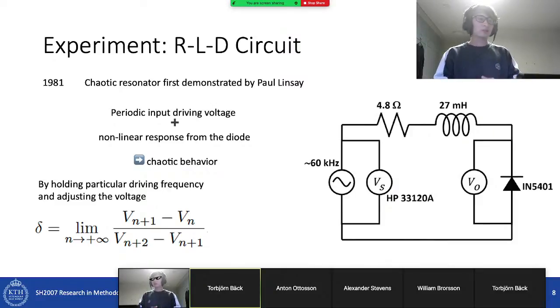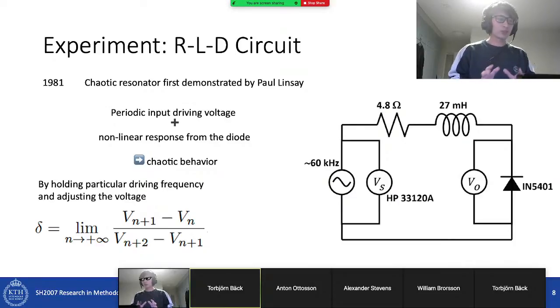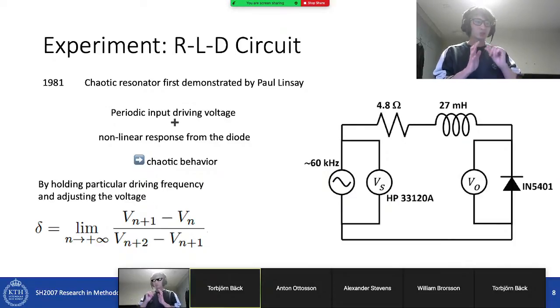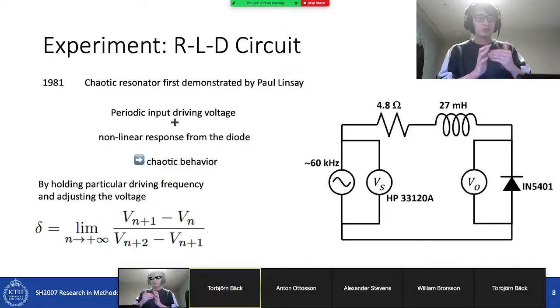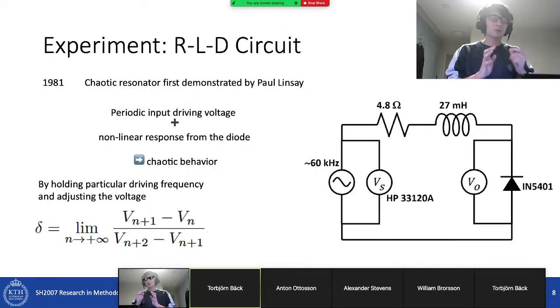Then we can have some chaotic behavior, and here the parameter is the voltage. We change the driving voltage bit by bit at each bifurcation interval, and we can find the constant. As long as we can find the nth bifurcation, with n tending to infinity, our experiment gets close to the exact value, 4.669.